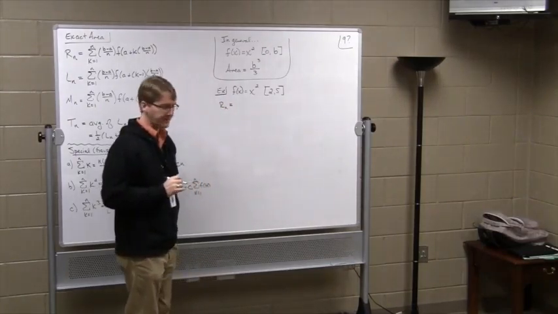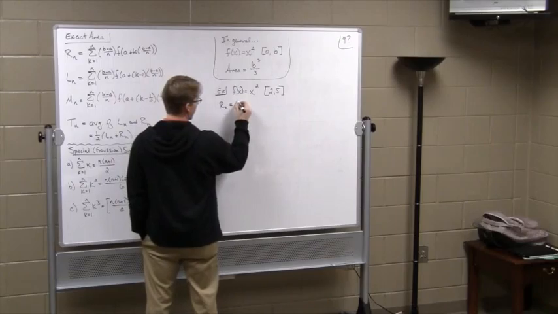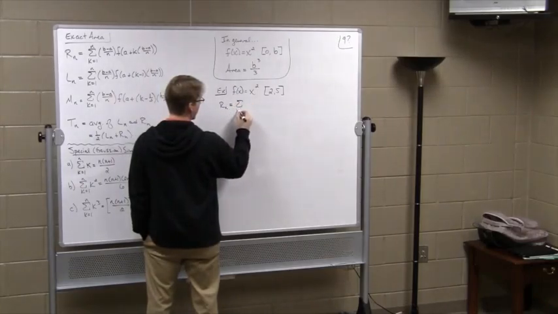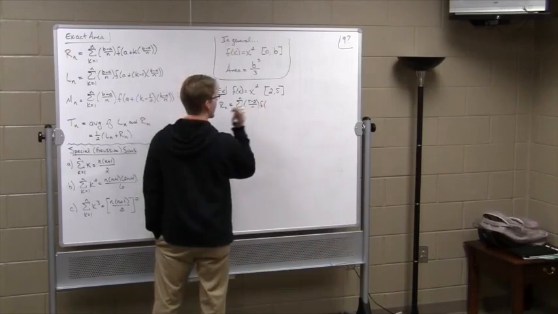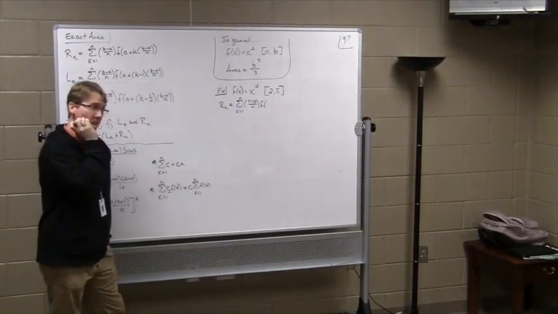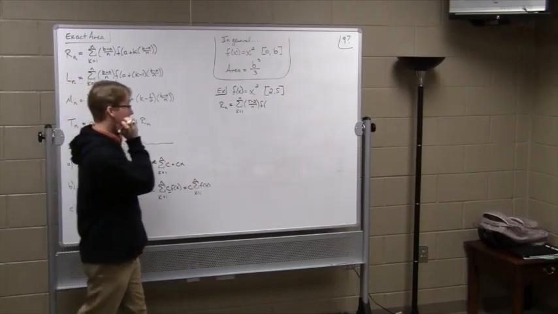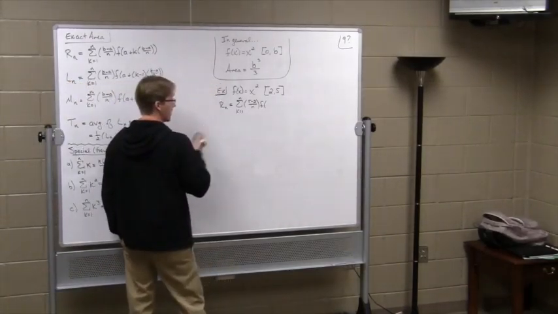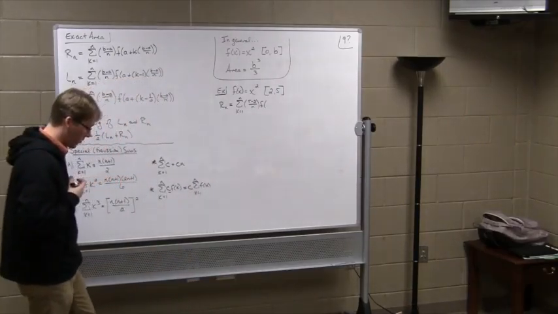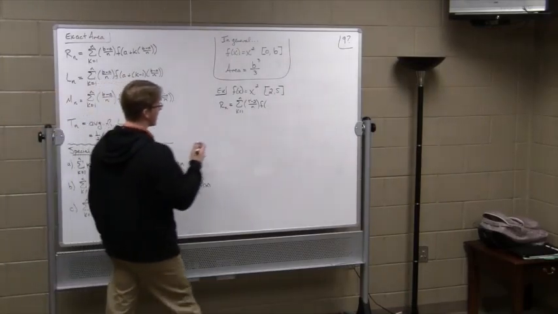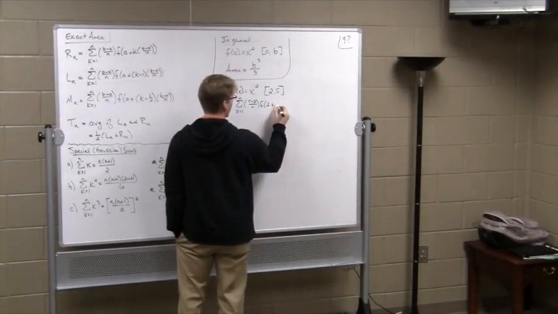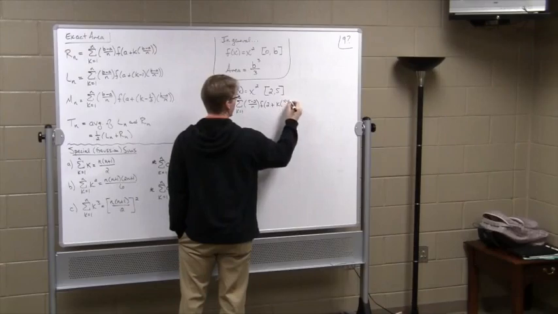Okay, let's set the stage here. Summation as k goes from 1 to n of b minus a, so 5 minus 2 over n, and then f of 2 plus k times 5 minus 2 over n.